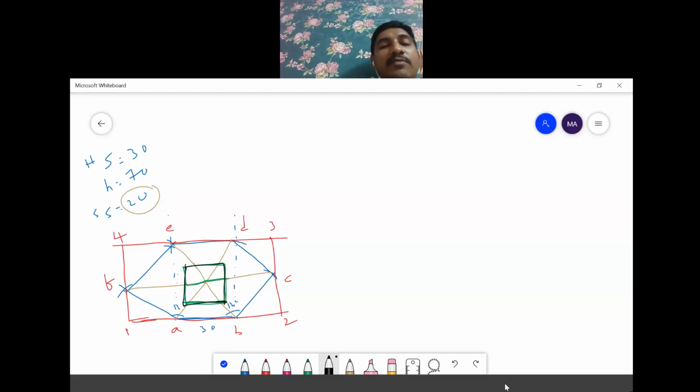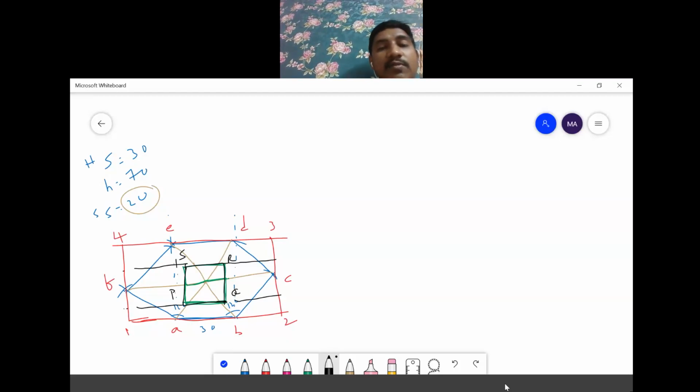I am writing this square as P Q R S. I am projecting this square here, this side and this side.